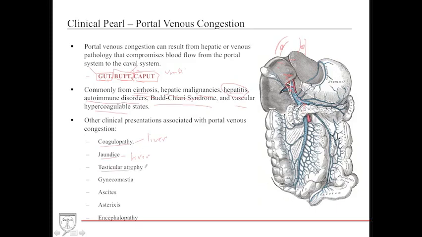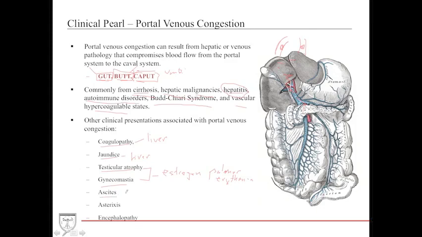You're going to get testicular atrophy, gynecomastia, and these often happen because when you have liver malfunction or hepatic dysfunction, it will cause an increase in estrogen levels. So estrogen levels will cause testicular atrophy, gynecomastia, tenderness in the breasts, as well as palmar erythema, in which your palms become very reddened. And that's all because of increased estrogen levels.